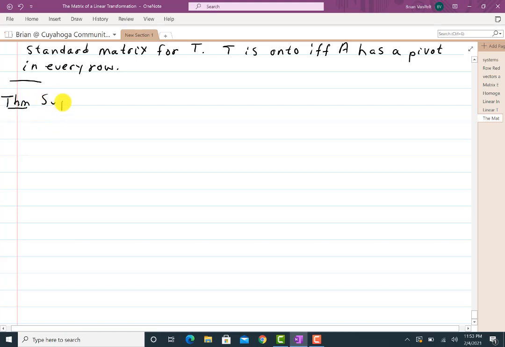Suppose T from Rn into Rm is a linear transformation.